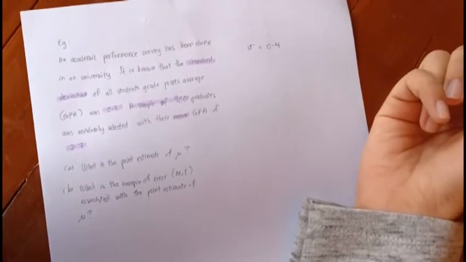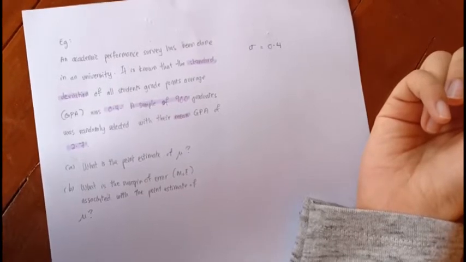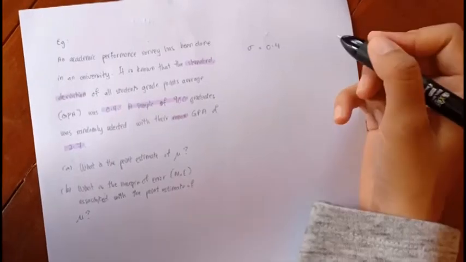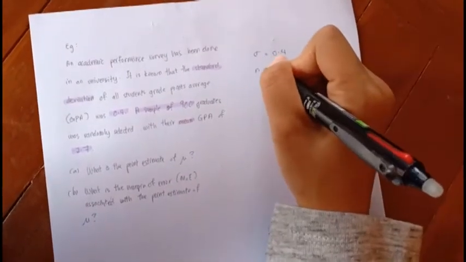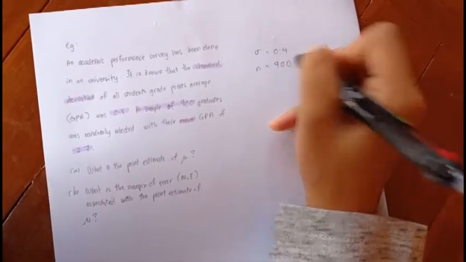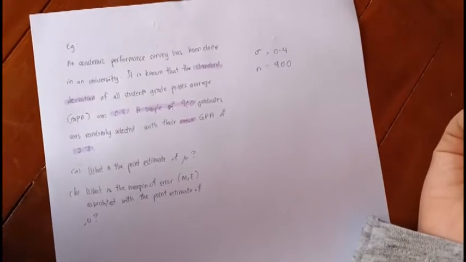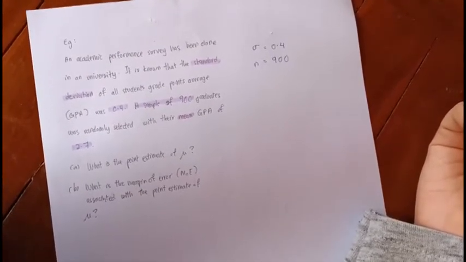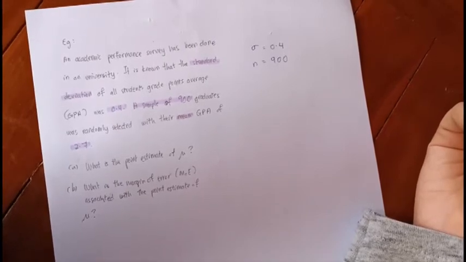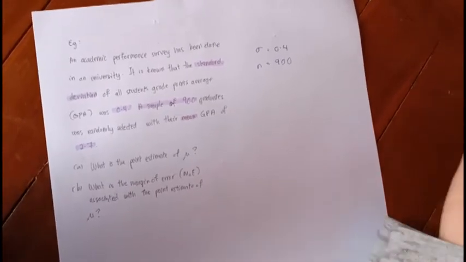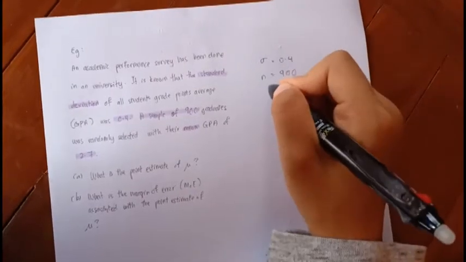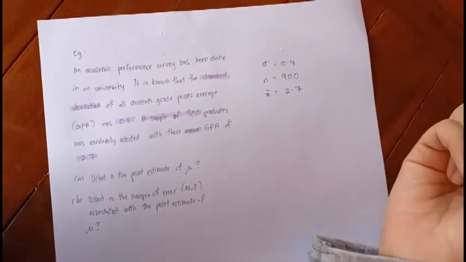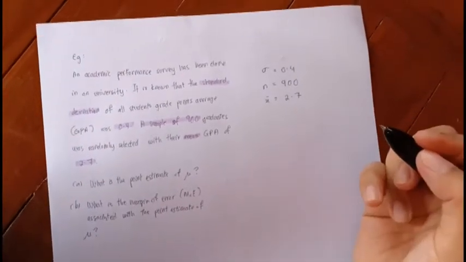Now a sample of 900 graduates was randomly selected, so the sample size N equals 900. And the mean GPA of the sample is 2.7.